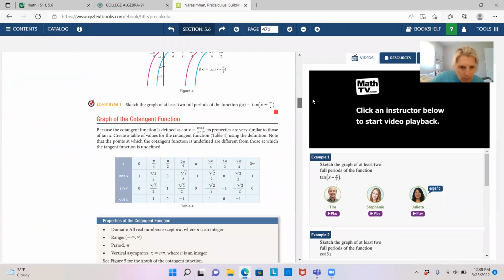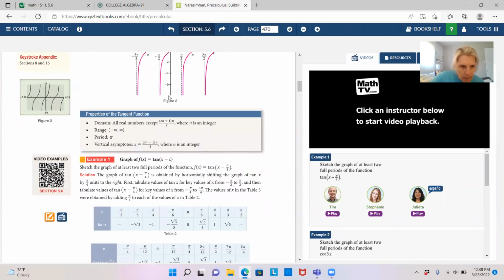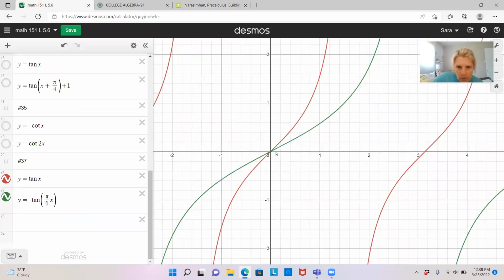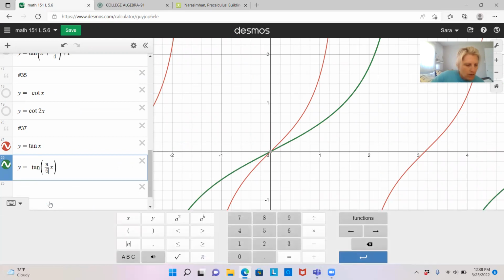Period. Right here. Okay. Tangent's period is pi. So if we know it starts at 0, then it's going to go pi over 2 this way and pi over 2 that way, because it should be a pi.